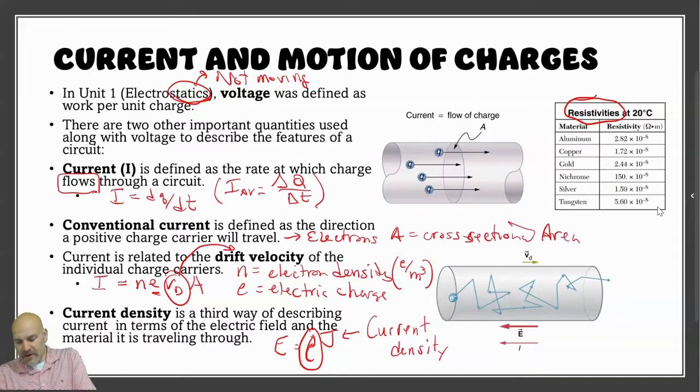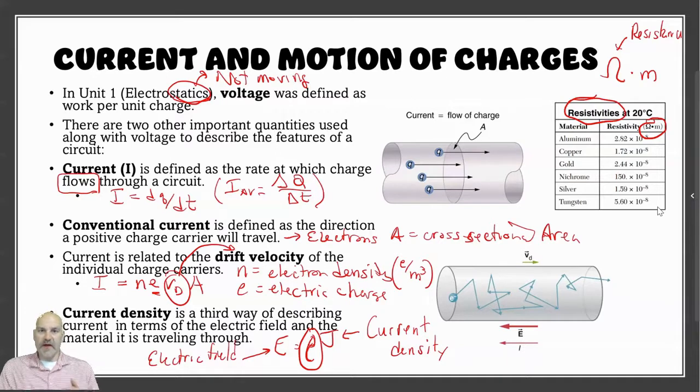Notice that it's measured in ohm meters. Ohm is the unit for resistance, which we'll get into in a couple of videos. This resistivity will pop up again when we talk about resistance, because it's that number times the resistance in a wire. E, we go back to our electric field.